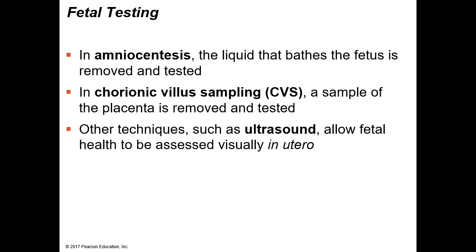In amniocentesis, the liquid that bathes the fetus is removed and tested. In chorionic villus sampling, CVS, a sample of the placenta is removed and tested. Other techniques, such as ultrasound, allow fetal health to be assessed visually in utero.